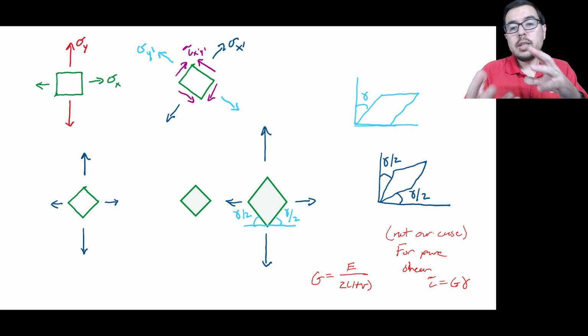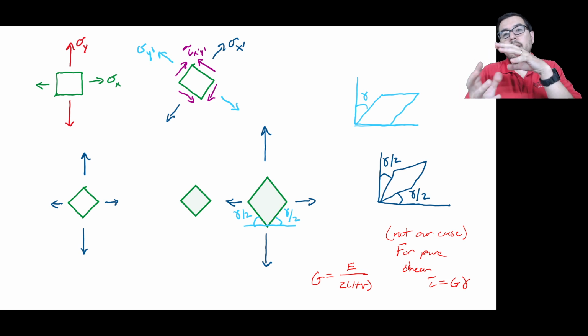So this is just another way to begin to think about how the transformation of an element reflects the changes in the stresses and the strains that you can have in an equivalent state of stress. It's an equivalent state of stress, right?